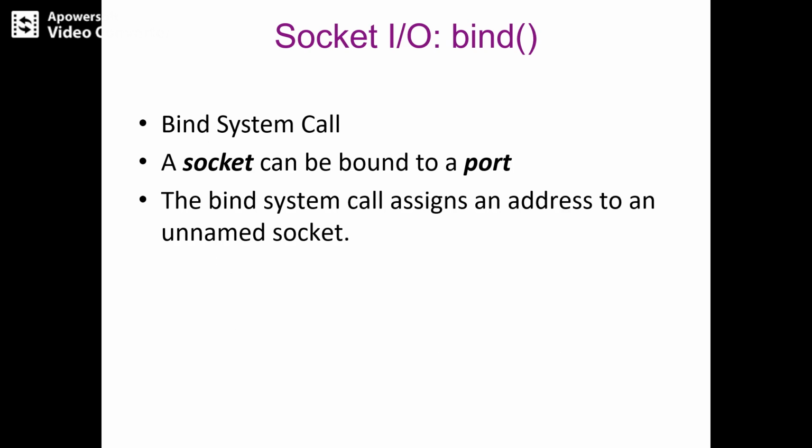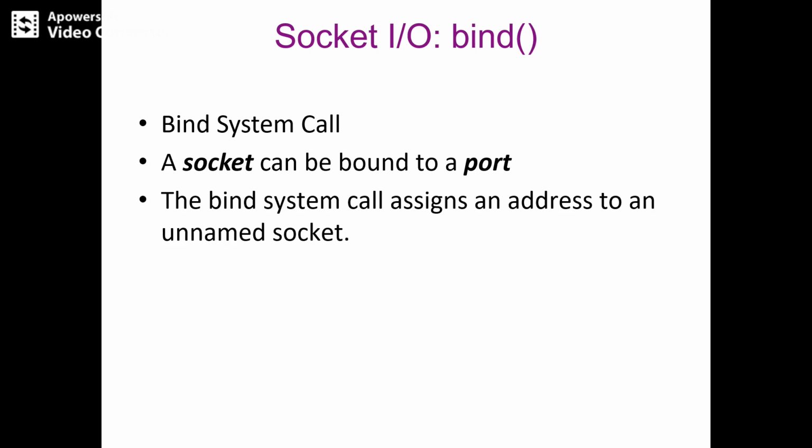Now we need to see the different processes or steps of socket API communication from client to server. The socket input output call is bind, which is a system call. A socket can be bound to a port, and a particular port number we need to set in the address format.